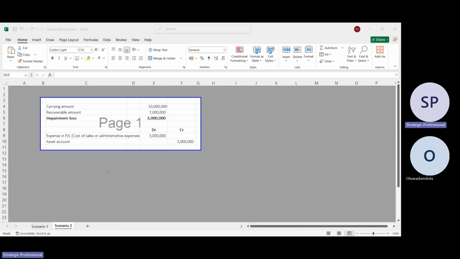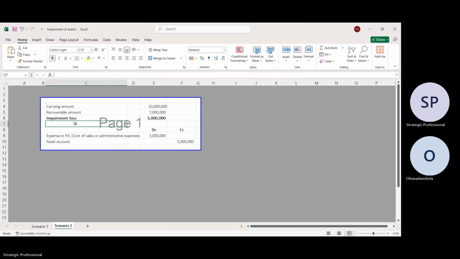Now, the way revaluation surplus typically works, in this question, they gave us that land is revalued under IAS 16. It has a revaluation surplus of 2 million and an impairment loss of 2.5 million arises.